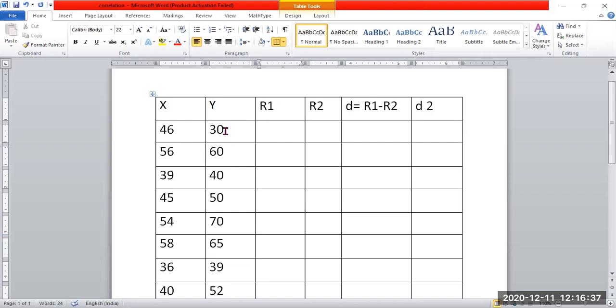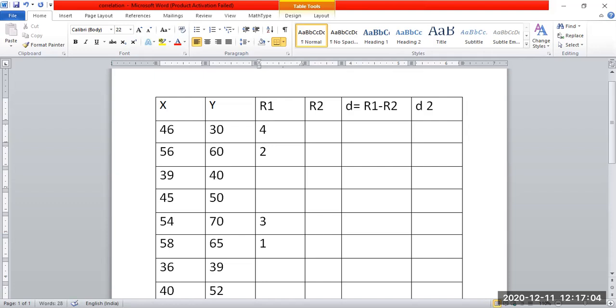Can we start the first rank in X series? That is 58, first rank. The second one, 56. Second rank is 56. Third rank is 54. Fourth rank is 46.